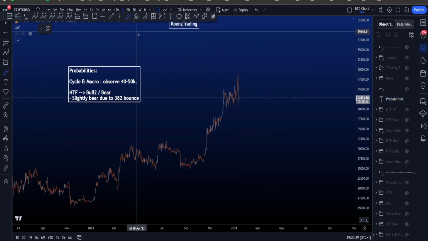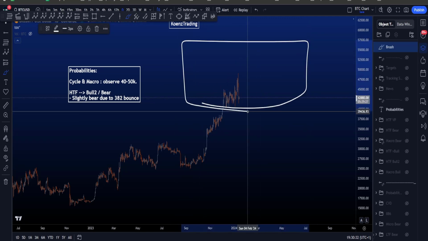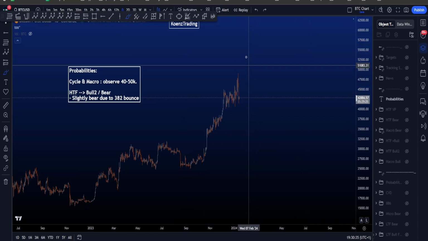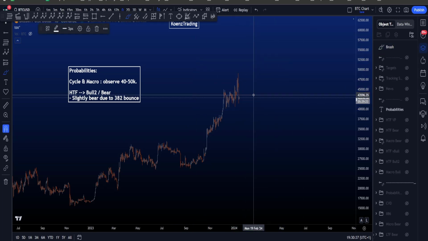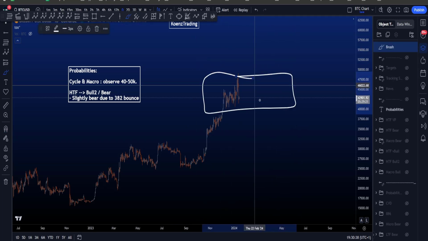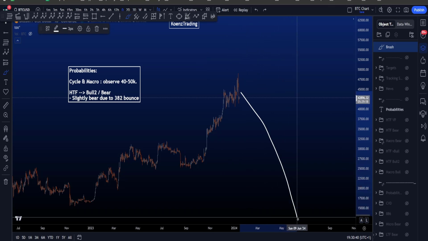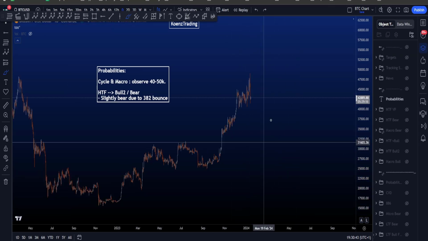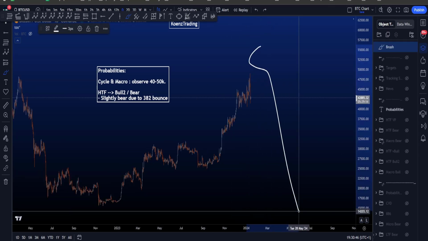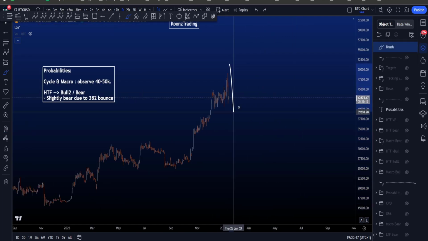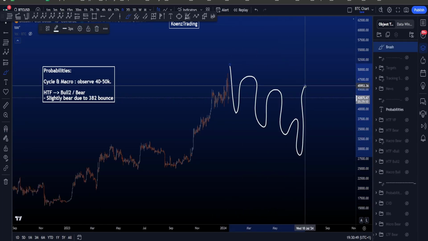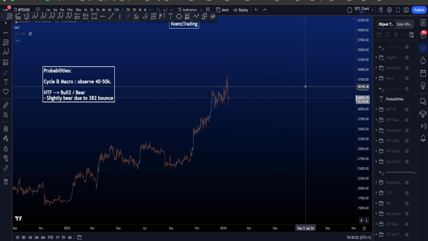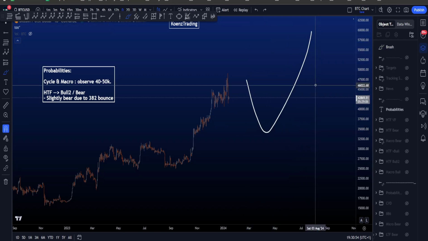If we then talk about the probabilities of the different scenarios, then on the cycle and the macro time frame, we are continuously observing the price action between 40 and 50k. We have to wait for a rejection at some point and more confirmation on the lower time frames to really think about a very bearish scenario, right, where we look for a wave C to end and then a big move down below 15k, or we are then continuing a range between 50k and 30k before then continuation to the upside.